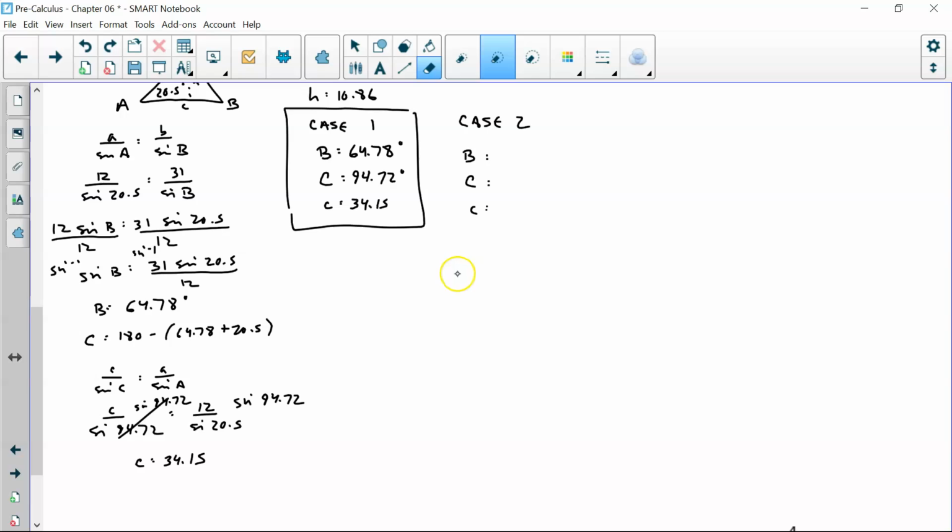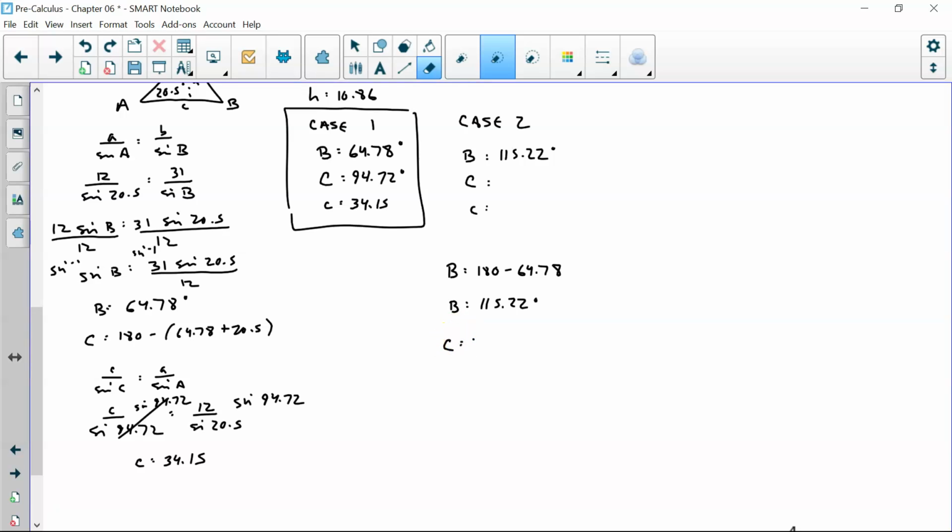So for this, angle B, you would take the acute angle and you would do 180 minus what we found earlier, 64.78. So angle B might actually be 115.22 degrees.